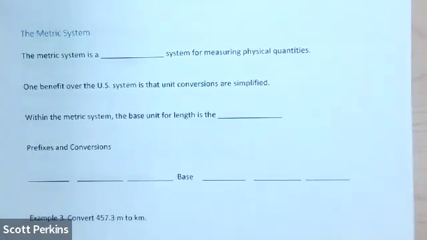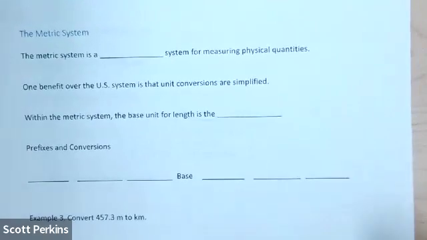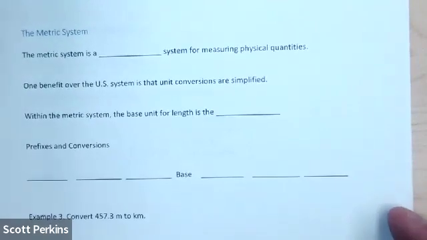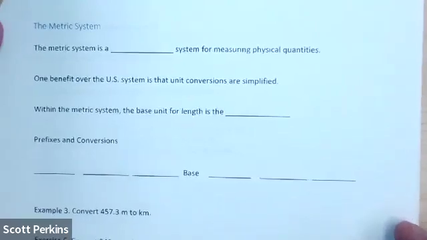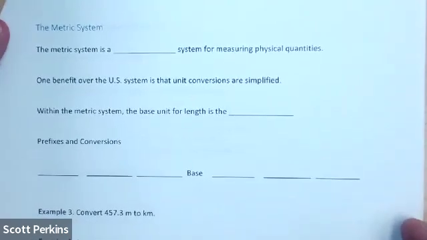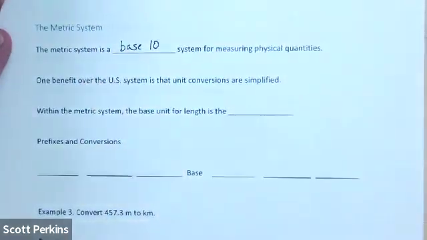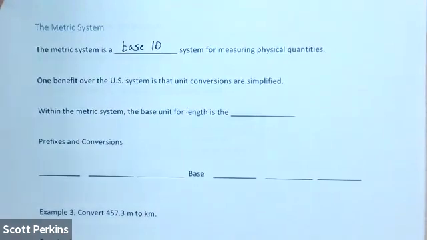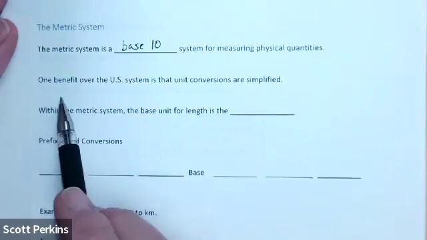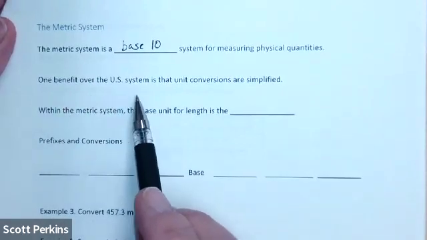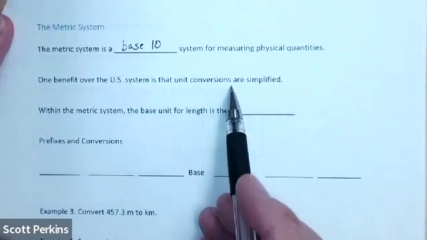The best thing about the metric system, the reason it's so user friendly, is that it is a base 10 system for measuring physical quantities. It's the same base that we use when we do arithmetic. One benefit over the US system is that unit conversions are highly simplified.